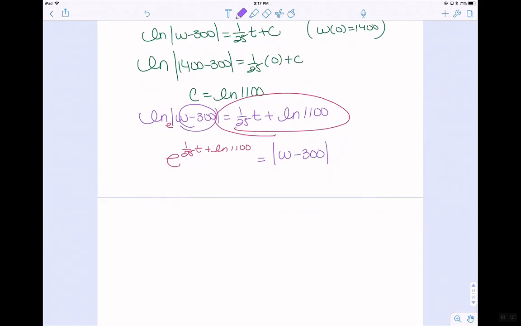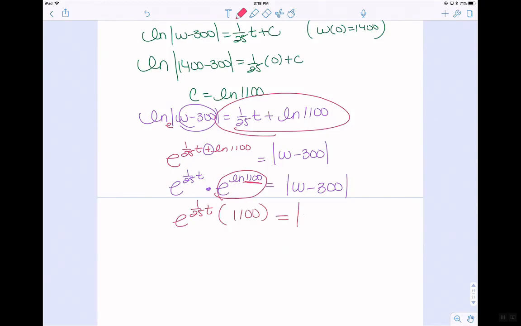Rules of exponents tell you that this addition symbol means multiplication, and I can separate them out. So e to the 1/25 t times e to the ln of 1100 is equal to the absolute value of W minus 300. Now, this e to the ln of something is just the something. So this becomes e to the 1/25 t times 1100 is equal to the absolute value of W minus 300.